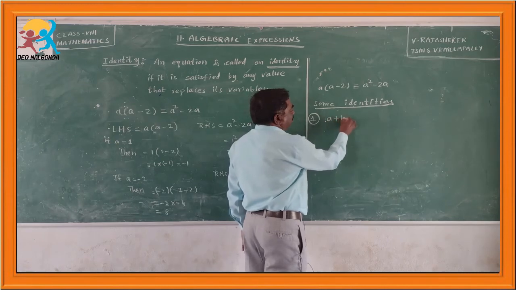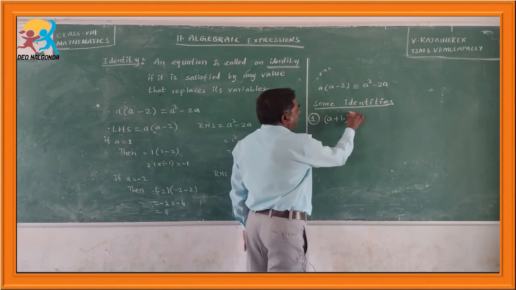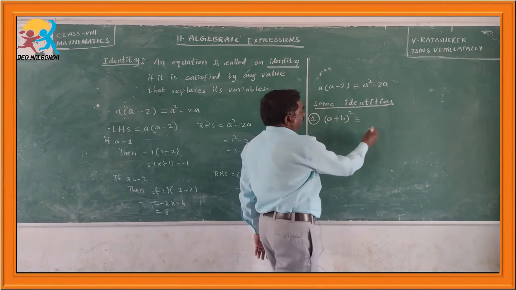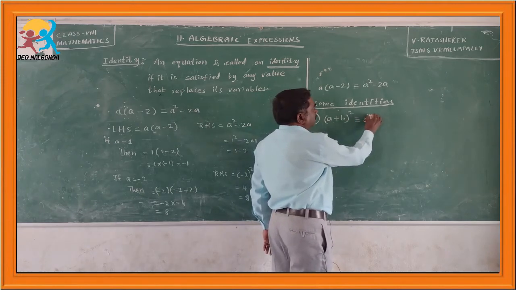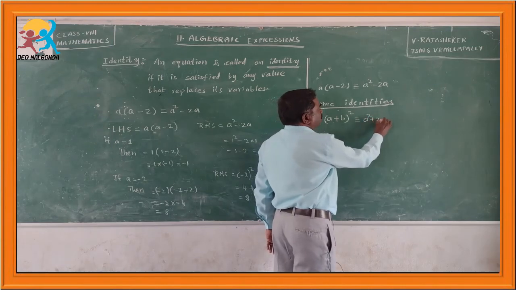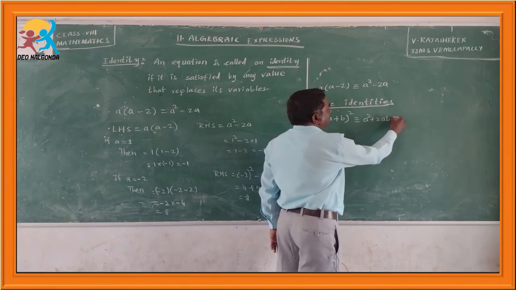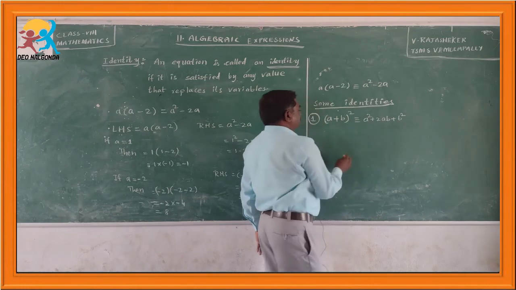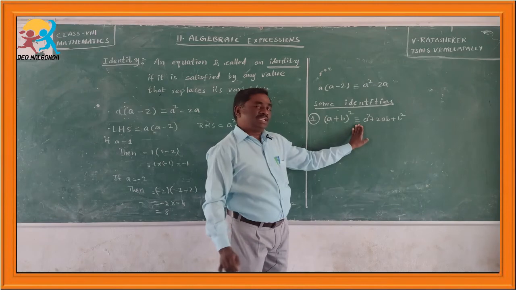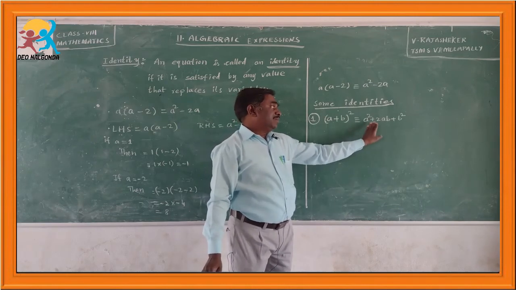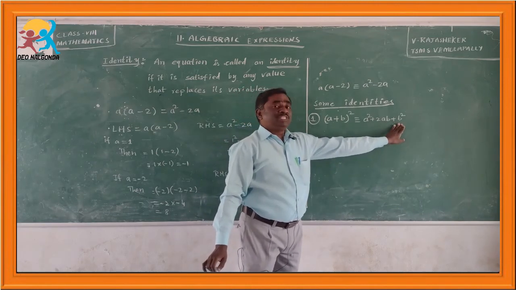a plus b whole square is identically equal to a square plus 2ab plus b square.